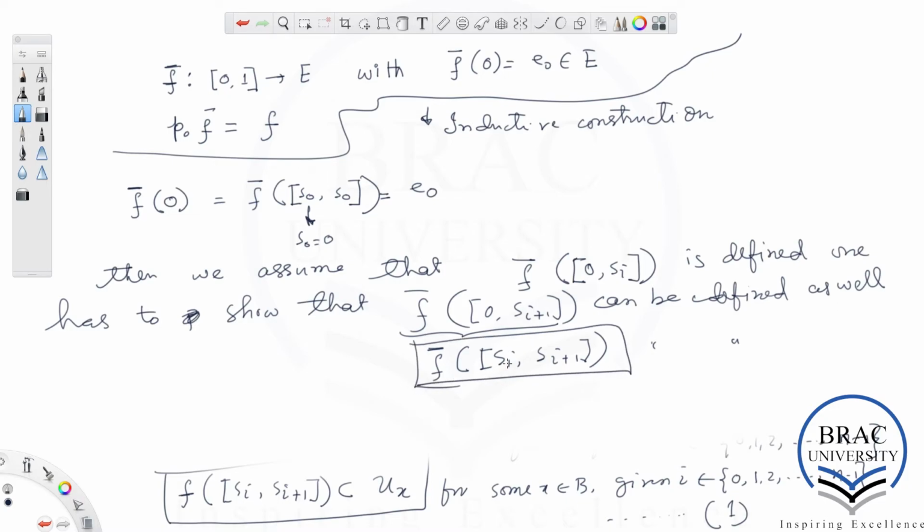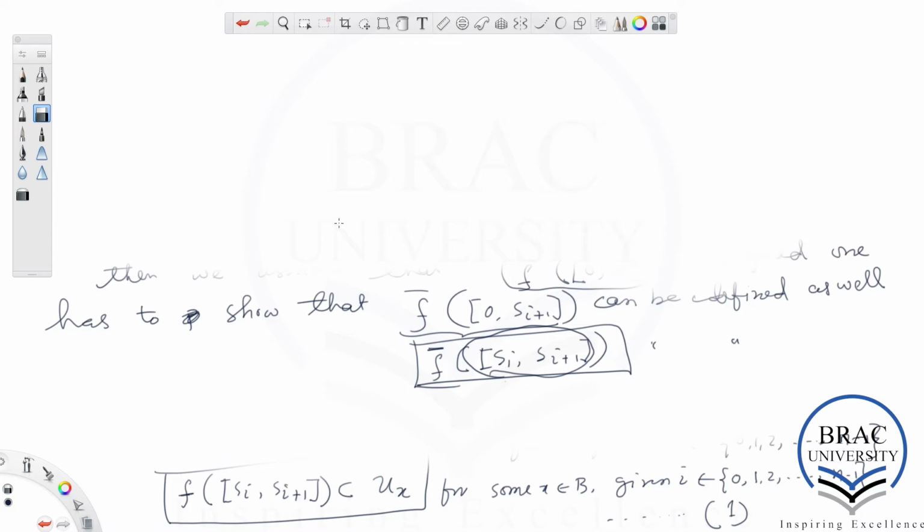So this is what we need to do. We need to prove that, starting from the inductive hypothesis, F bar can be constructed on this subinterval from Si to Si plus 1. Alright? Okay, let's do it.